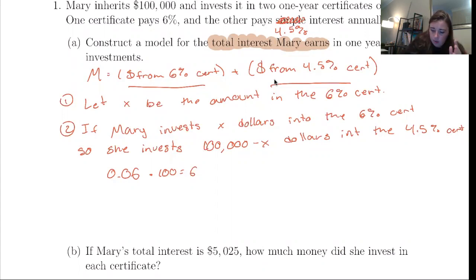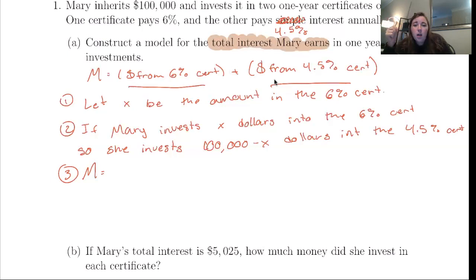Okay, so now knowing that, we're calling M our interest, Mary's interest. If you want to call it Y, it's not a big deal. So it's just making our model. I have my money from my 6% cert. I think my savings interest is like 0.1%.